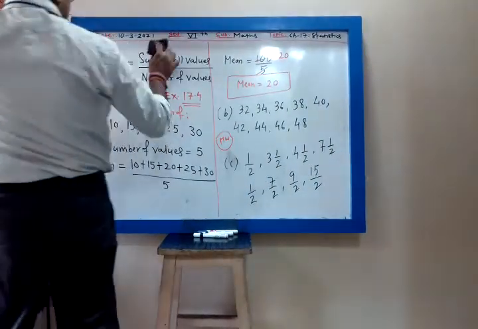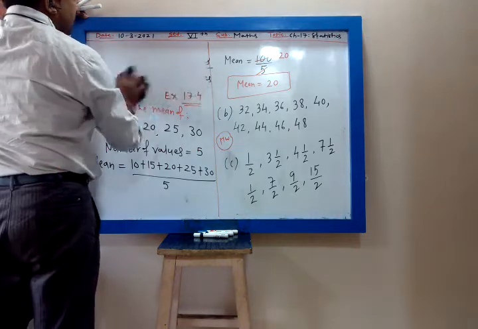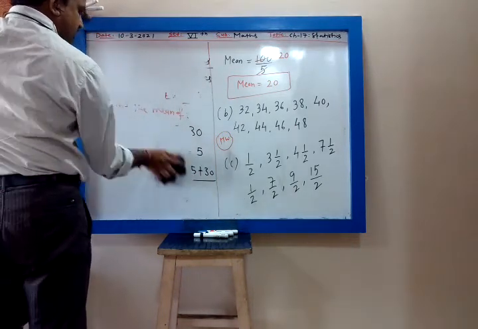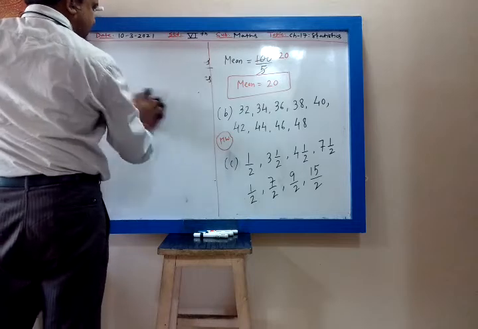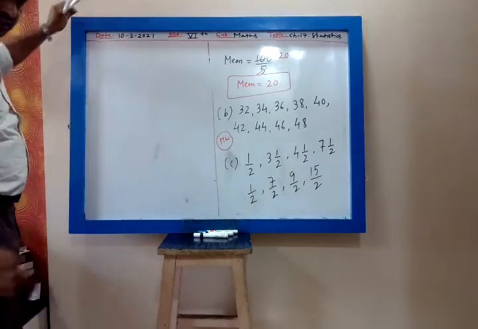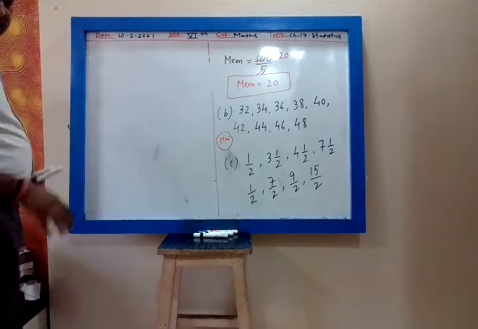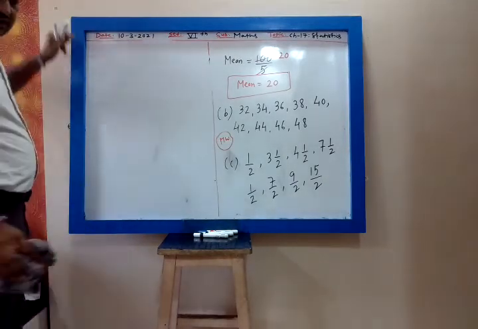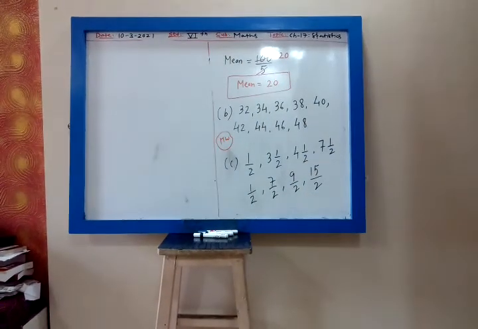Now let us do it. To find the mean value, we find the sum of all the values. Whenever it is a mixed fraction, it is clear, right?